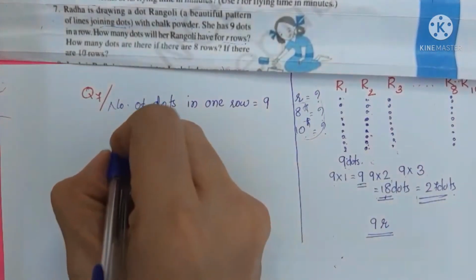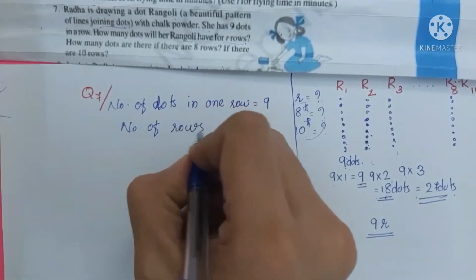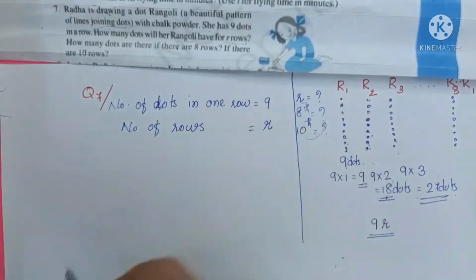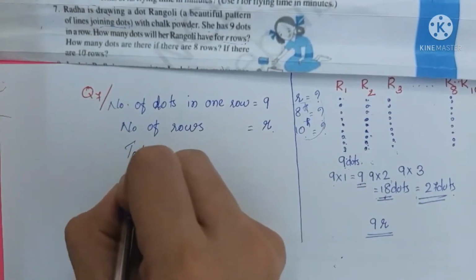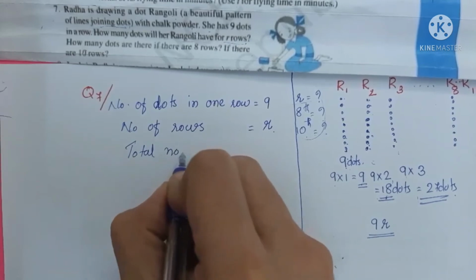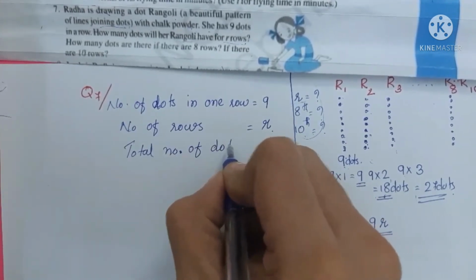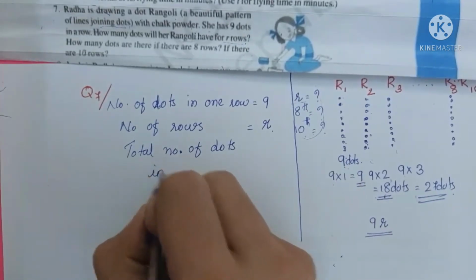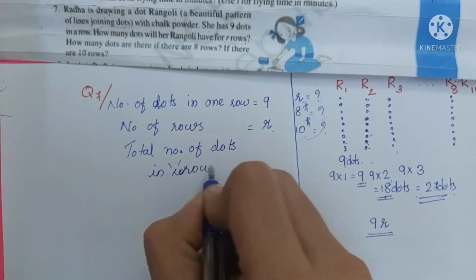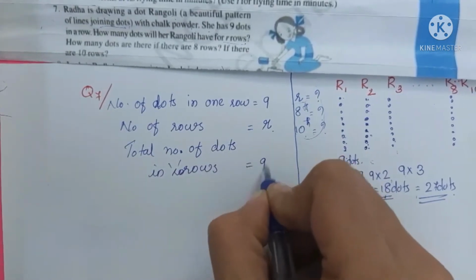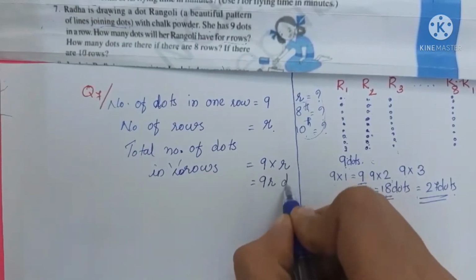Okay, number of rows is equal to R. In the case of R rows, the total number of dots in R rows is equal to 9 into R, that is 9R dots.